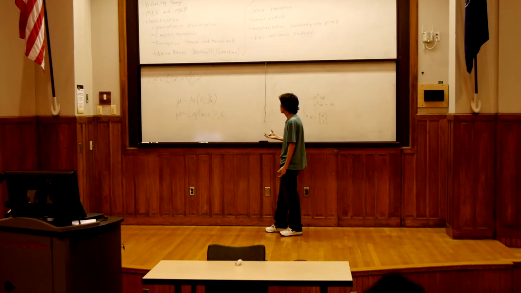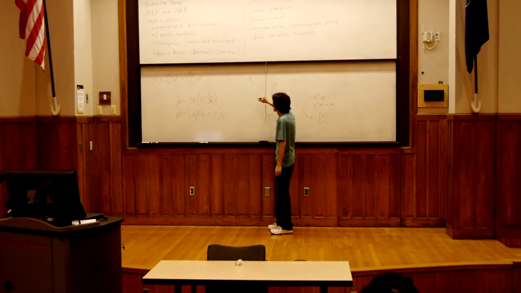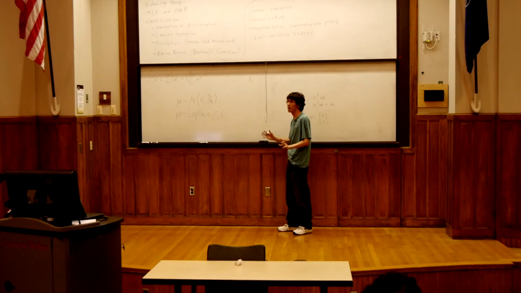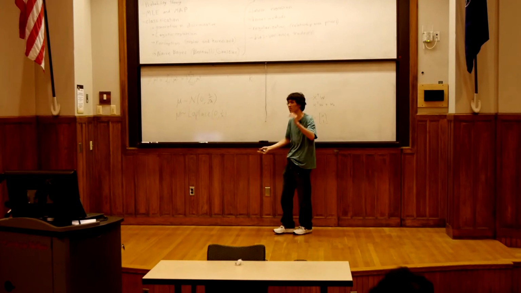So a positive definite matrix has a lot of ways to characterize it. The easiest way in my mind is that all of its eigenvalues are positive. So it's like a generalization of a positive number to matrices, in a sense.